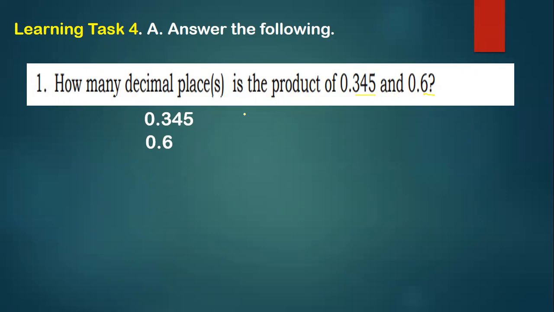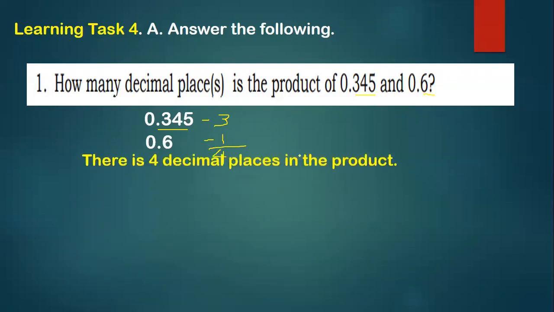Okay, so paano nga ba malalaman kung ilang decimal places ang product? Bibilangin mo lang kung ilang decimal places ang ating factors. So sa una, merong 3. Sa pangalawa, merong 1. So, ibig sabihin, ang product niyan ay merong 4 na decimal places.